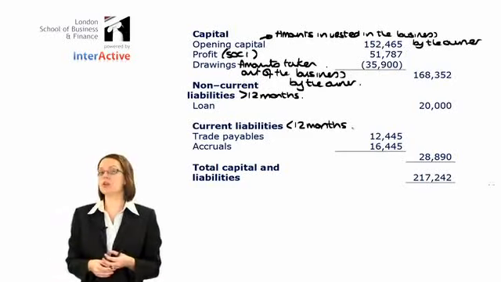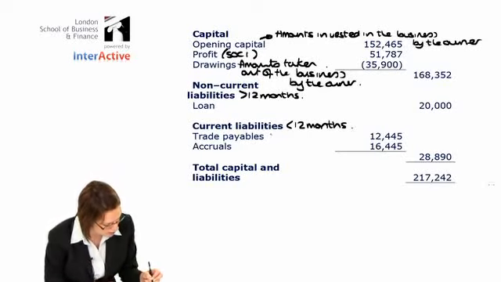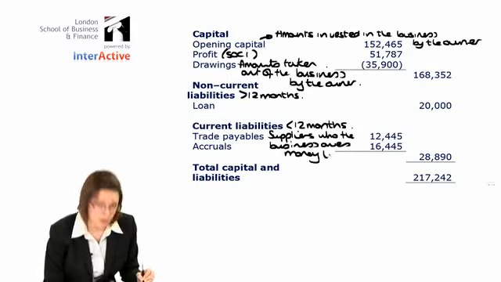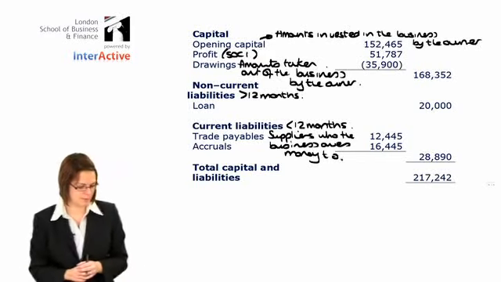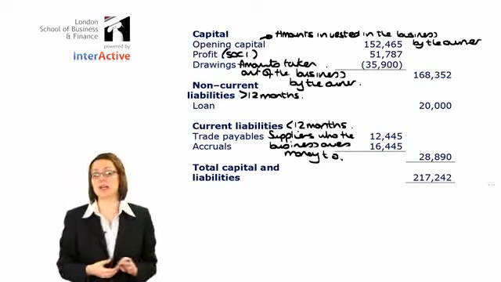Well, that would be a current liability. So, trade payables, suppliers, who the business owes money to. So, we owe that money to that supplier.